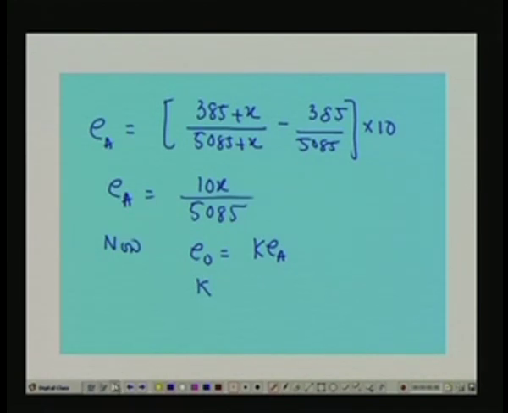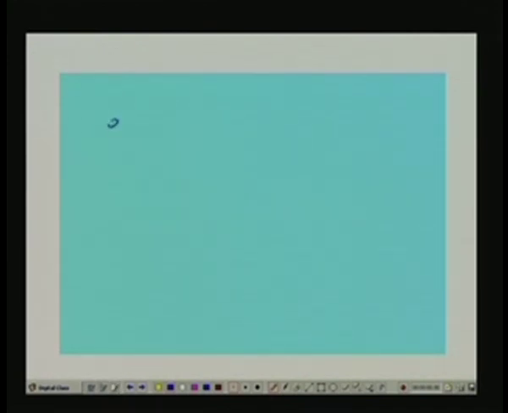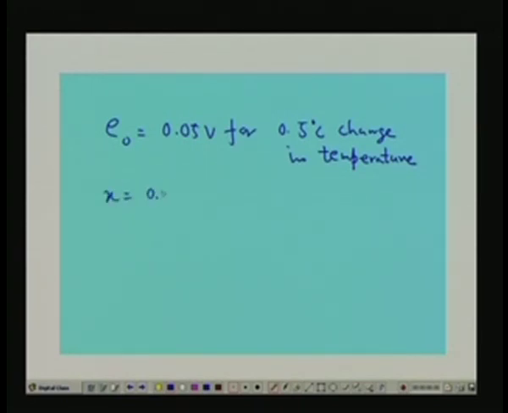Now, EO equal to 0.05 volt for 0.5 degrees centigrade change in temperature, and X equal to 0.35 ohm for again 0.5 degrees centigrade change in temperature.